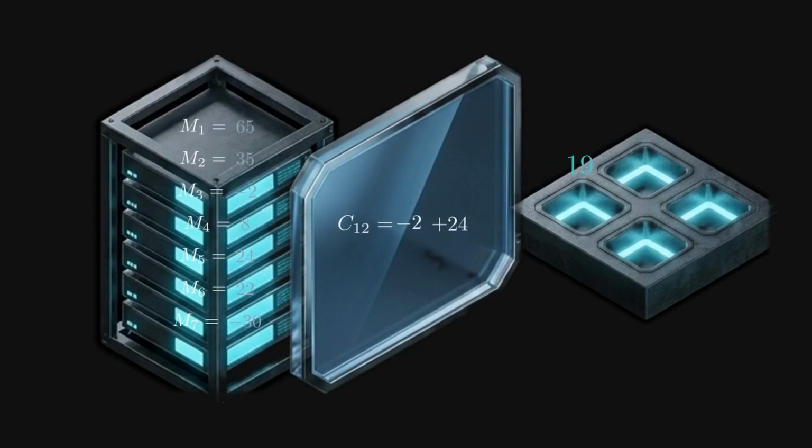C12 is -2 plus 24, yielding 22. C21 is 35 plus 8, giving us a value of 43. We find the final quadrant, C22, using 65 minus 35 minus 2 plus 22. The output is 50. Our resulting matrix is 19, 22, 43, 50.